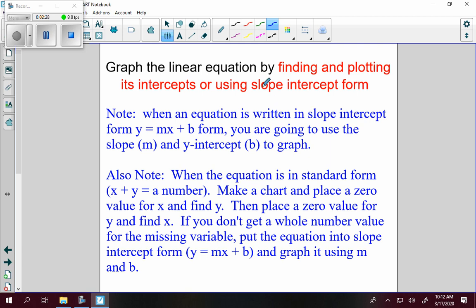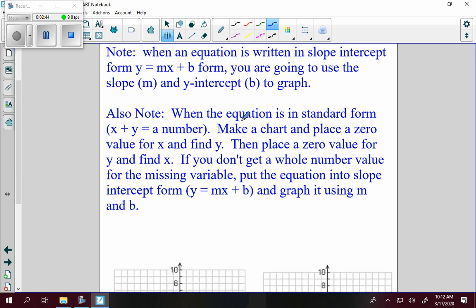How you're going to tell how to graph is first you're going to note that when an equation is written in slope-intercept form, y equals mx plus b, you're going to use the slope m and the y-intercept b to graph. Also note, when the equation is in standard form, which is x plus y as a number, we're going to make a chart and place a 0 value for x to find y, then put a 0 value for y and find x.